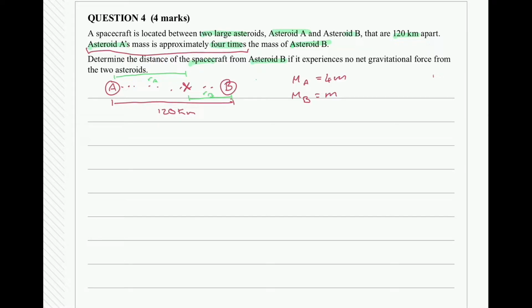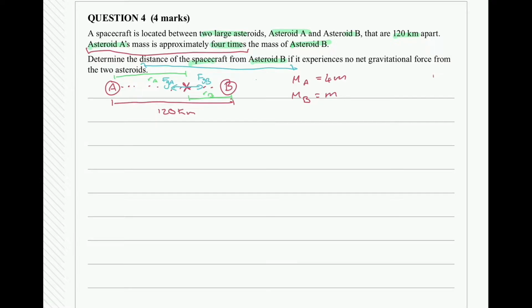One other final thing to think about in this question is it talks about determining the distance from asteroid B, if it experiences no net gravitational force from the two asteroids. So what does that mean? That means the force, F gravitational of B, is the same as the force F gravitational of A on that spacecraft, in both directions.